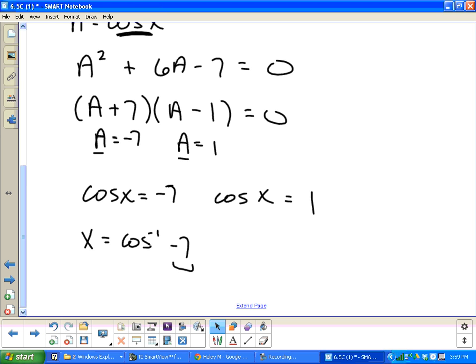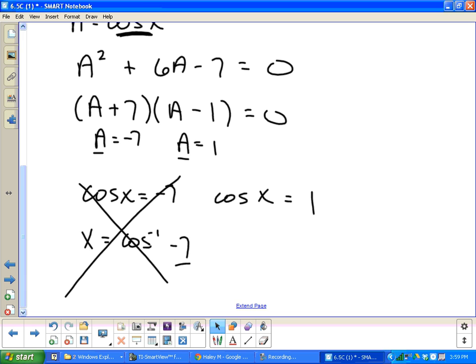So because -7 is not between -1 and 1, it's not going to lead me to any solution. So this part is extraneous. Again, this value has to lie between -1 and 1, and 1 certainly does that. And -7 is not on your unit circle, so it's not going to work.